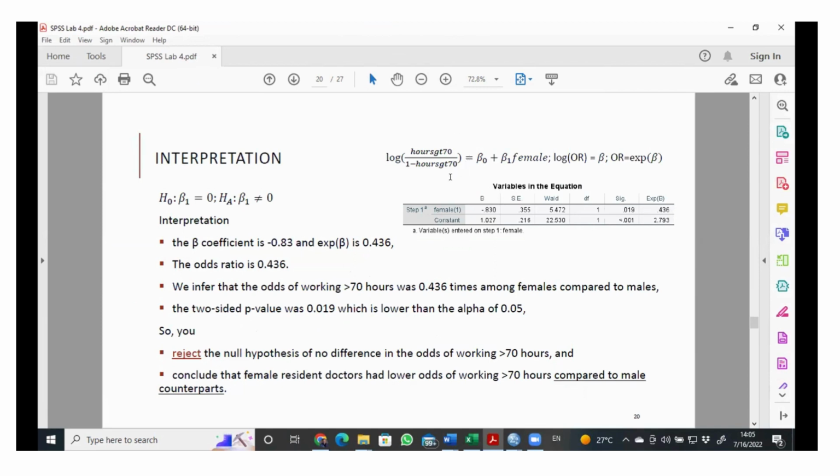Yeah, so, okay, great. So over here now, we have this equation here, right? Now the difference is this: our equation calculates our coefficients as log odds, the logarithm of the odds, which is whatever the value of hours above 70 over 1 minus hours greater than 70, and all that.